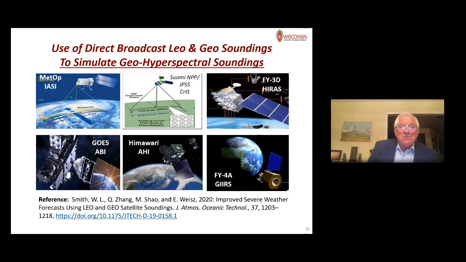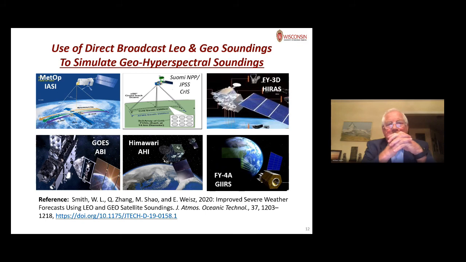And so we've done this for several years now, and we run a system operationally 24 hours a day, 7 days a week, where we use direct broadcast data gotten from the United States, from readout stations both at the University of Wisconsin and at Hampton University, where I am now in Virginia, and also from Miami.